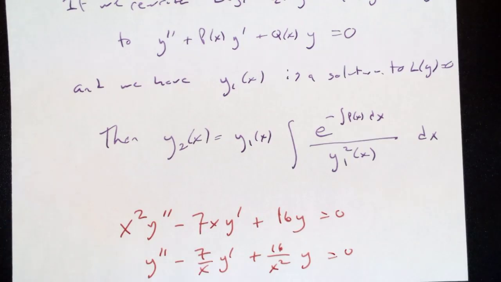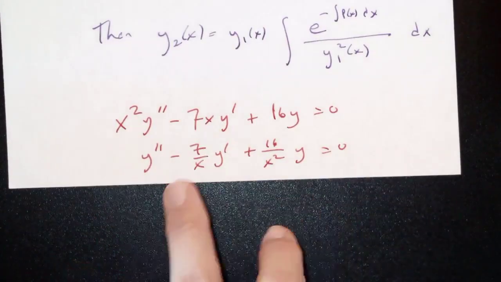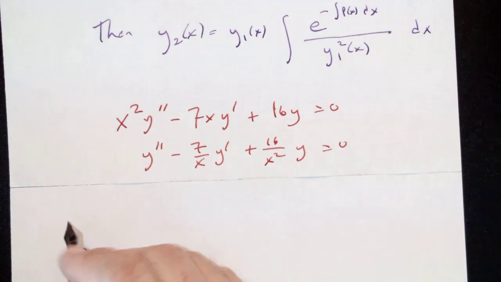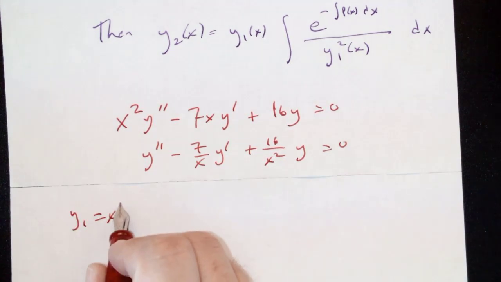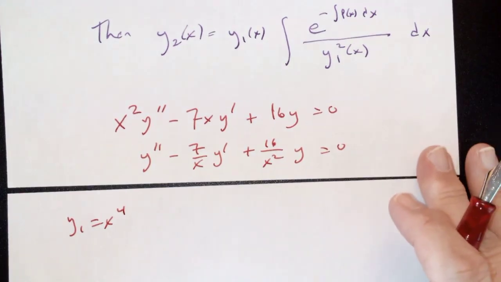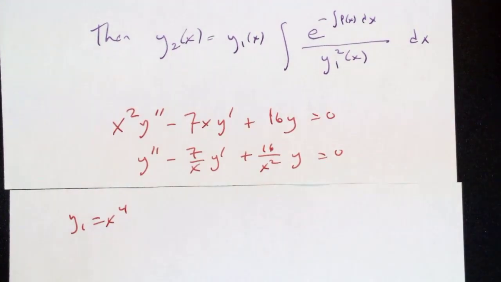There's my p of x next to the y prime right there. And we said that we had a solution. y1 was x to the fourth. Ready for the fun? Me neither.